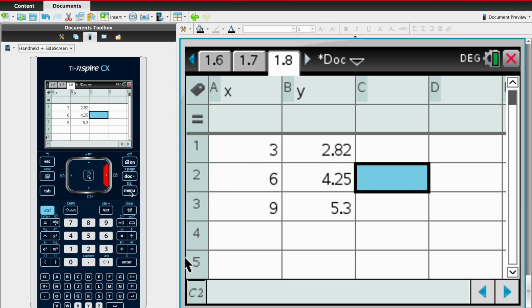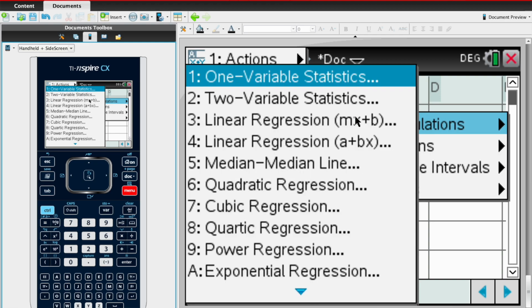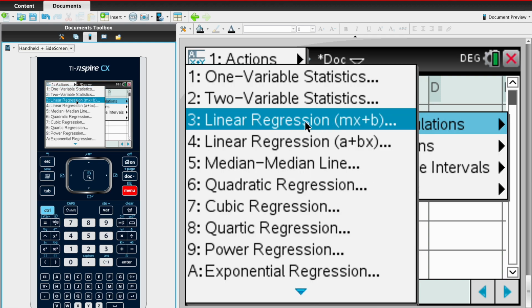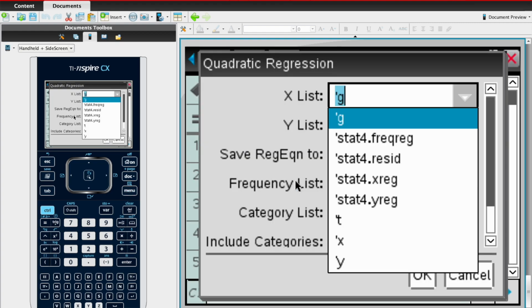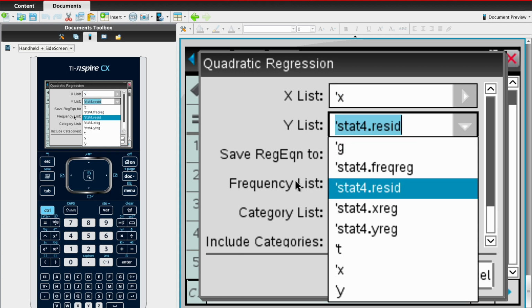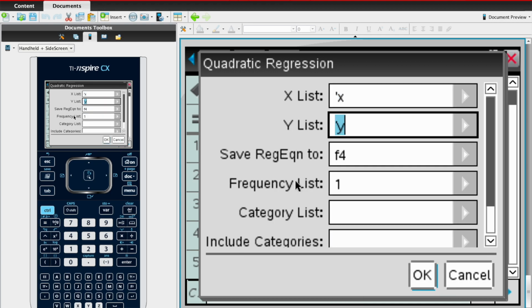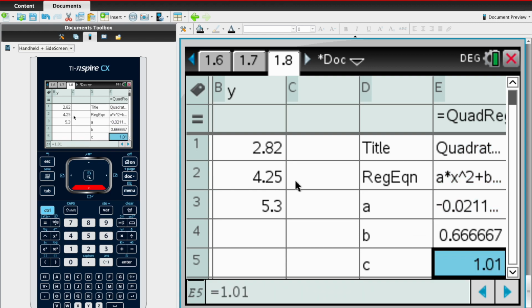Just like we need 2 values to find an equation of a line, we need 3 values to find a quadratic. So now we've got our values. Let's go to statistics, stat calculations. Just like we did linear regression in the past, here we've got a quadratic. Our x's are in x, our y's are in y, and there it is, a, b, and c. This is our quadratic. So I'm going to write this down.